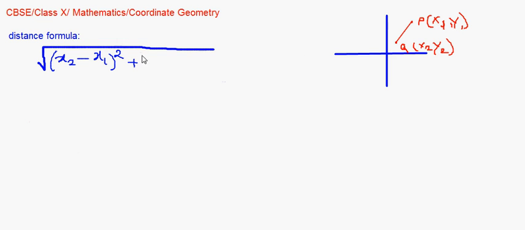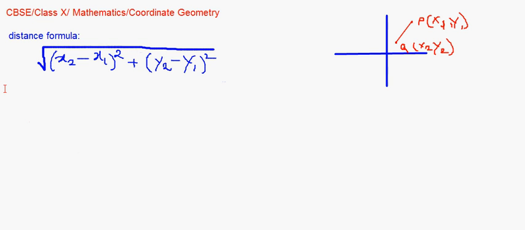You can give any of the coordinates with x and y. So the next one is x2 minus x1 whole square plus y2 minus y1 whole square, with the whole root. We'll take a few examples of the application of this distance formula to understand it better.